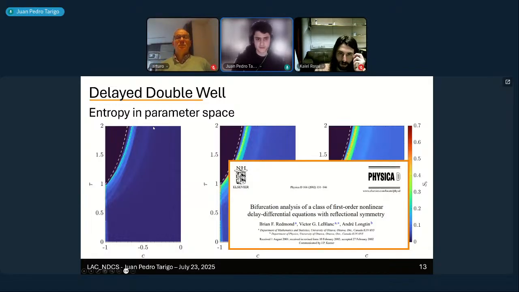And you have a small region between this line and this dashed line, which is the Hopf bifurcation, a small region where they coexist, oscillations with the two fixed points. So basin entropy helps us identify the Hopf bifurcation, but also this other bifurcation that is shown analytically by Redmond in this paper.